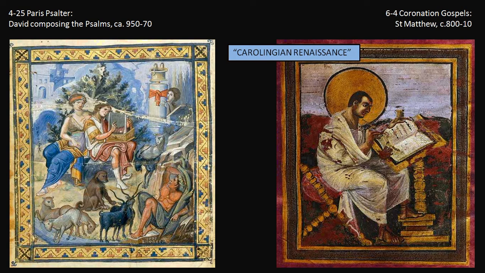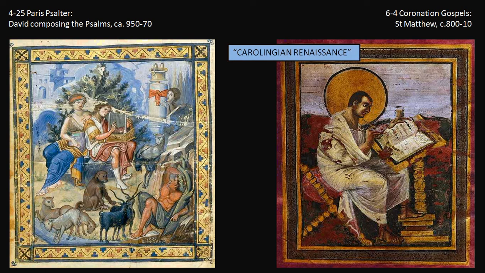Now, when we talked about the Paris Psalter, we talked about the fact that it too was consciously evoking ancient Rome. Not only through its 3-dimensionality within the art, but also through the use of Orpheus as a basis for David, and these allegorical figures of melody and echo and the mountains of Bethlehem that surround it.